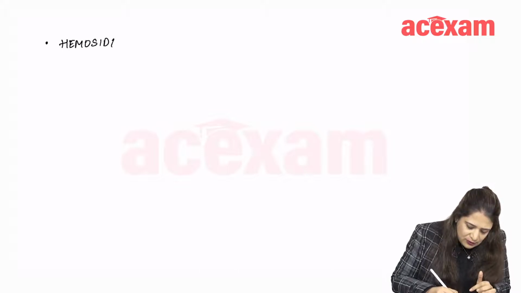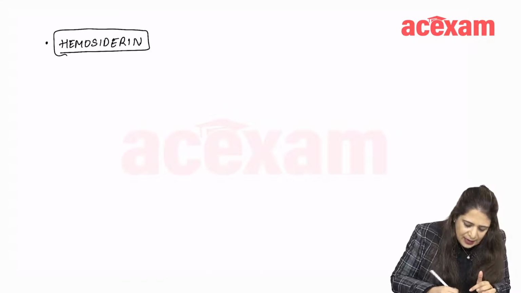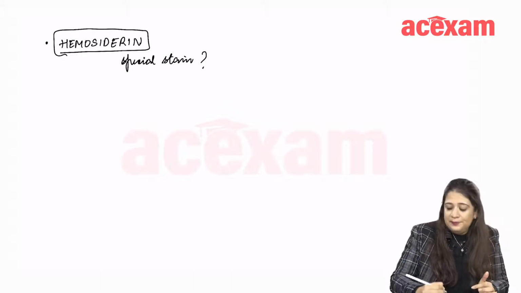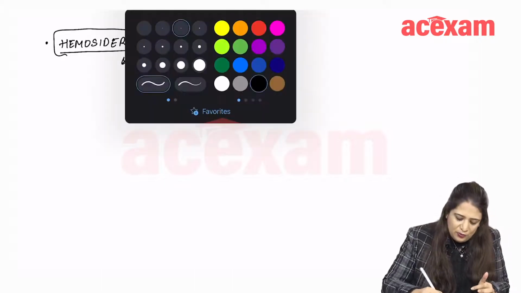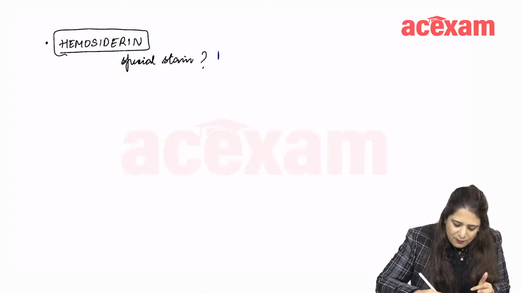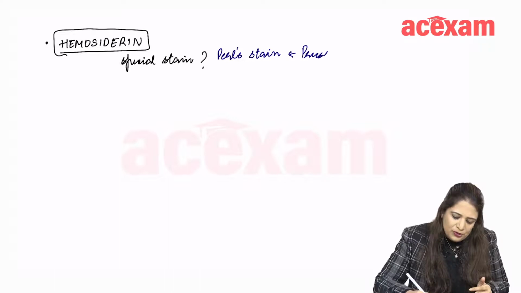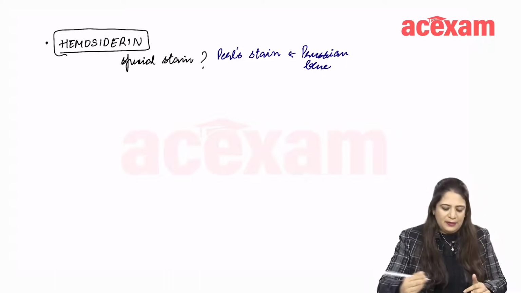And hemosiderin, like you know, is the iron containing pigment, and the special stain used to identify it is Perls stain. This Perls doesn't have an A. P-E-R-L-S, which gives a Prussian blue reaction or Prussian blue staining to the iron pigment.